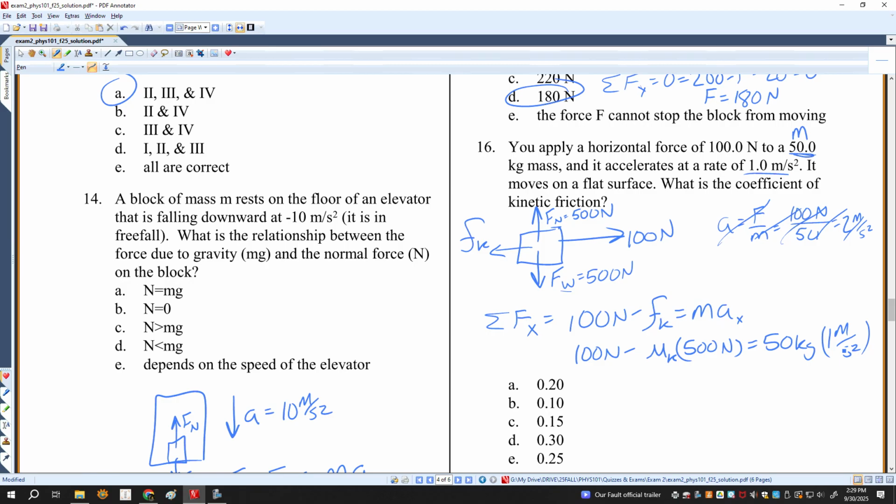So now I can solve this for mu_k. Negative mu_k times 500 equals 50 minus 100, or negative 50, and then divide both sides by negative 500, and I get 0.1.